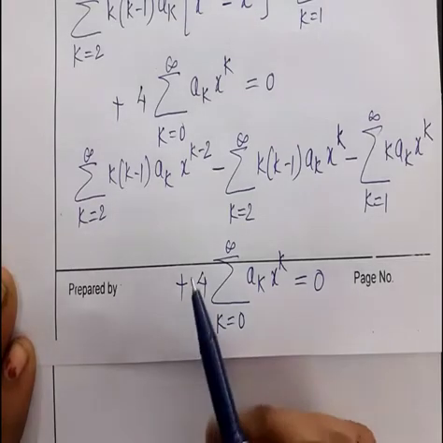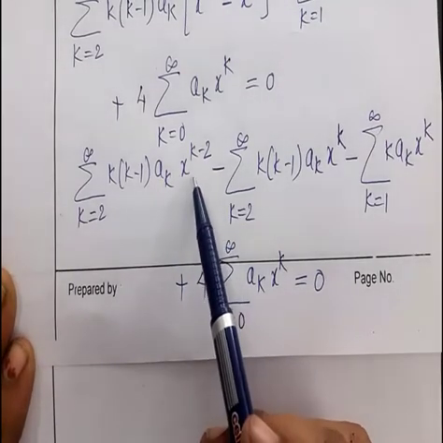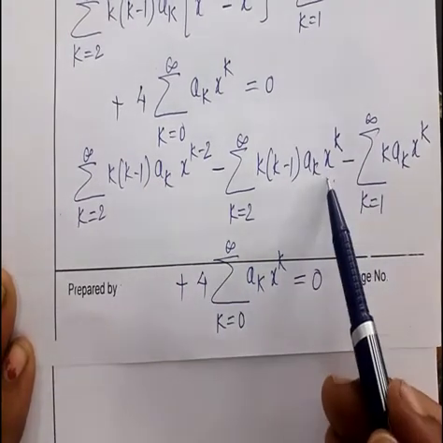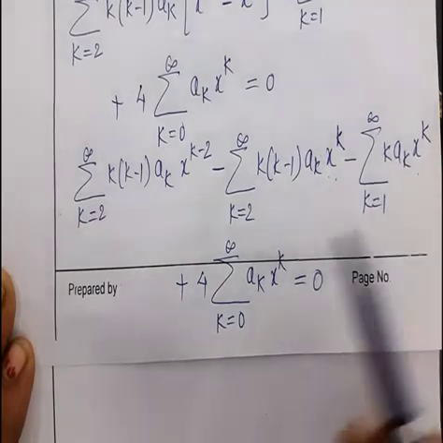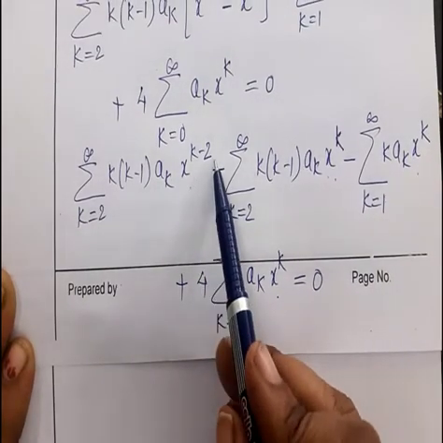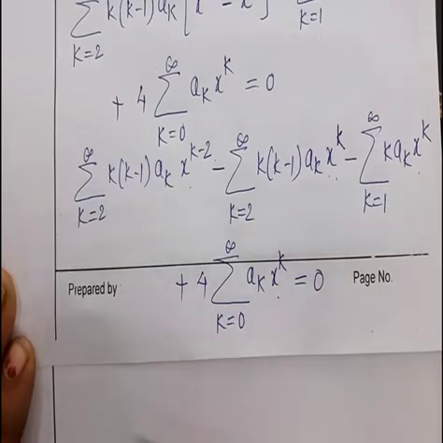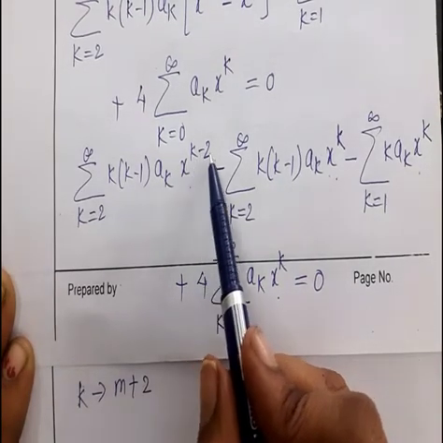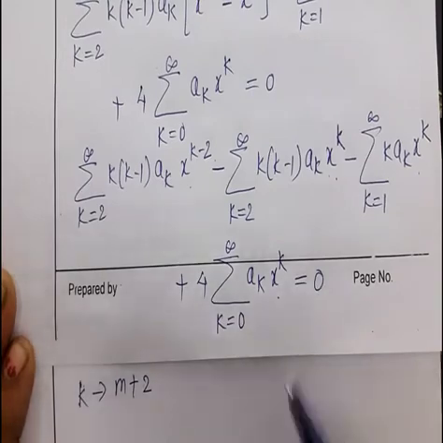Now the next step is to try to convert every power of x to the same power. Here we have x to the power k, x to the power k, x to the power k. So we try to convert this x to the power k minus 2 in terms of k. What will be the substitution? Replace k by m plus 2. If we replace k by m plus 2, it becomes m plus 2 minus 2, which is x to the power m.